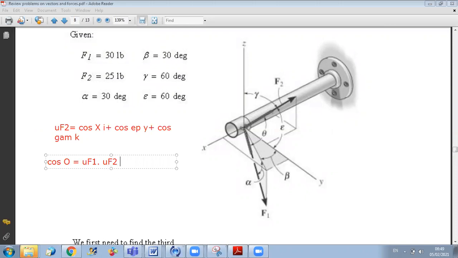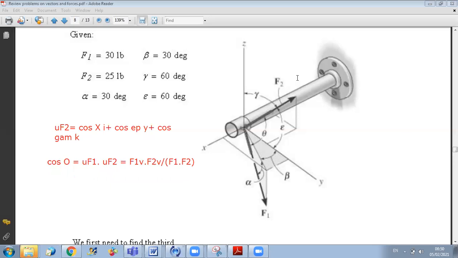Or I can also say that it's F1 vector dot F2 vector over magnitude of F1 times magnitude of F2. Okay, this is also another possibility. Any question on this?